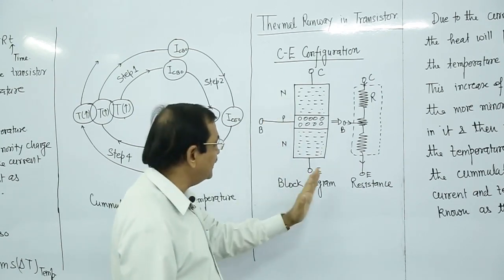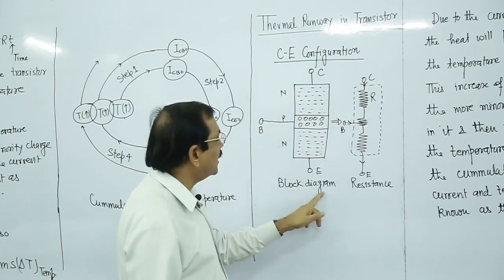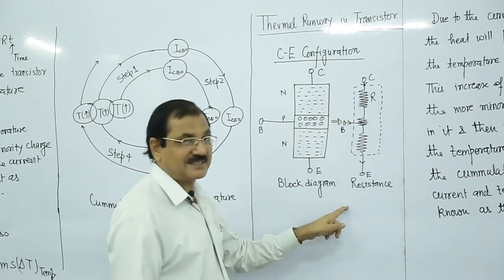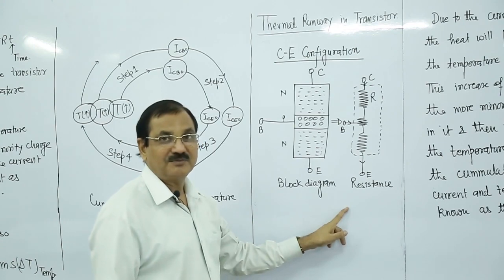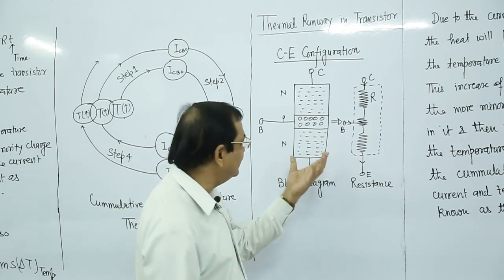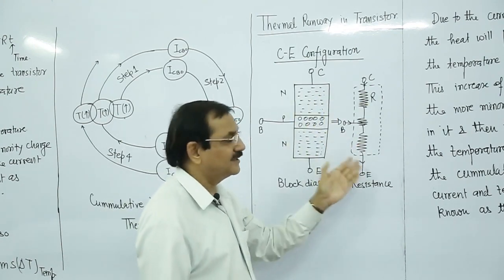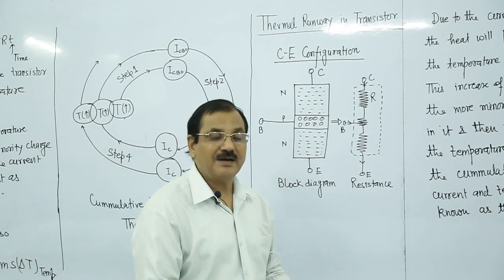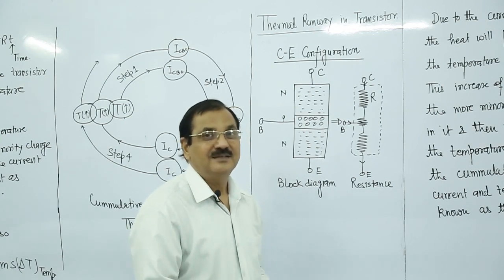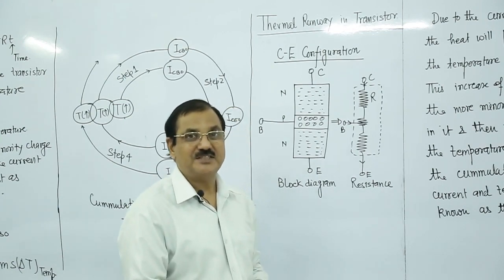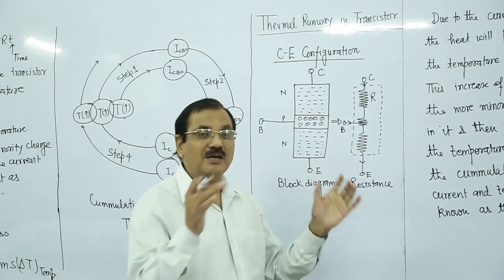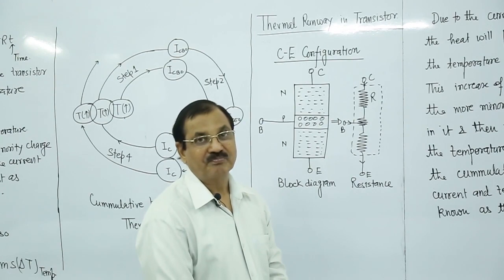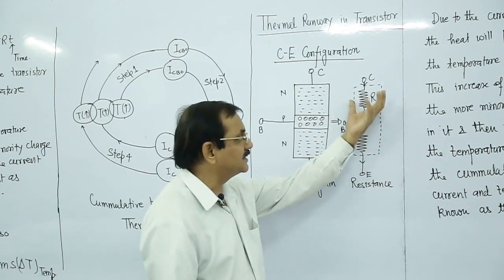We can transfer the block diagram of the transistor into the resistance form of the transistor. So these three parts have three different values of resistance. But I am not going to categorize each and every resistance of emitter, base and collector; overall we can say that there is a resistance of a transistor.